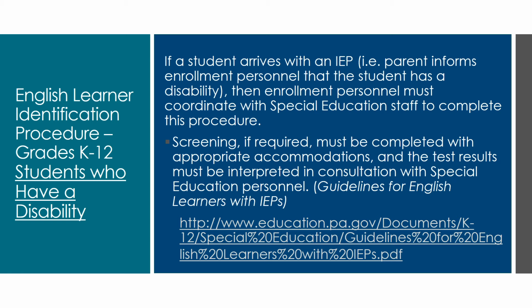If there is a referral from the other district regarding assessing the student, or if there is some strong evidence that the student will require an evaluation to get an IEP, then you really need to work hand in hand with the special education personnel.